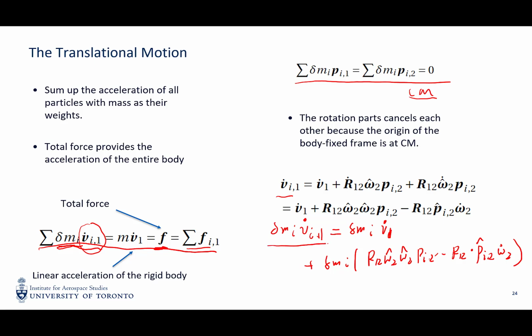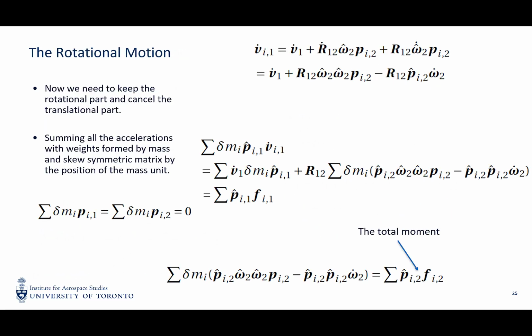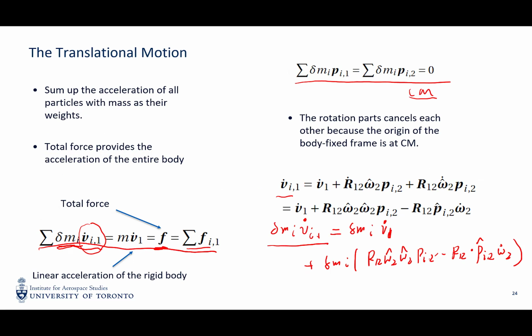So delta mi times vi1 dot is equal to delta mi times the inertial acceleration of the entire rigid body plus some residual terms.